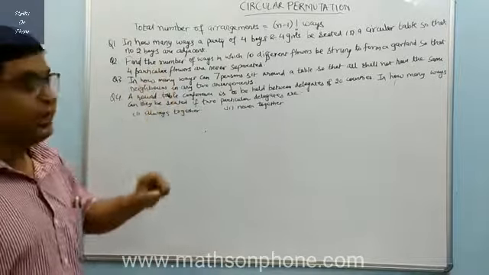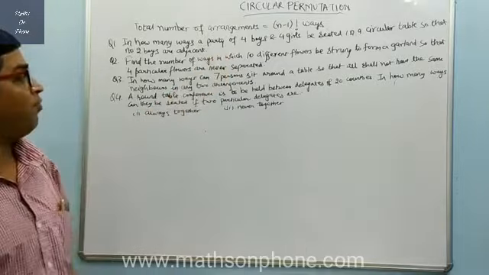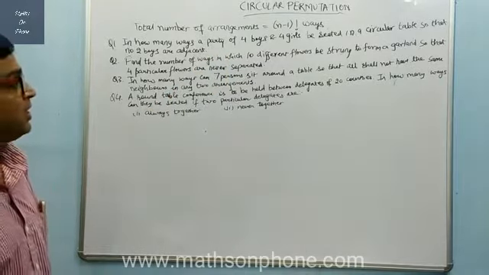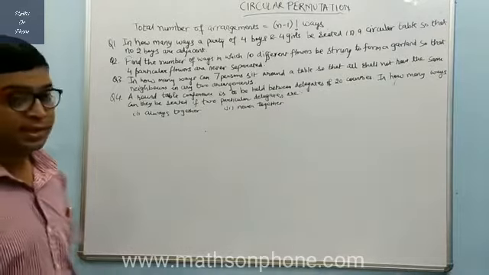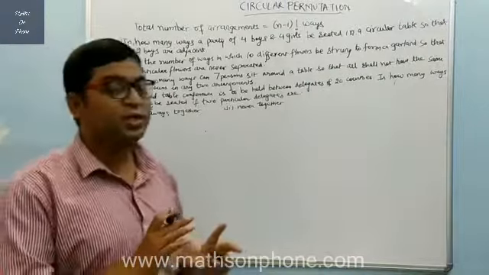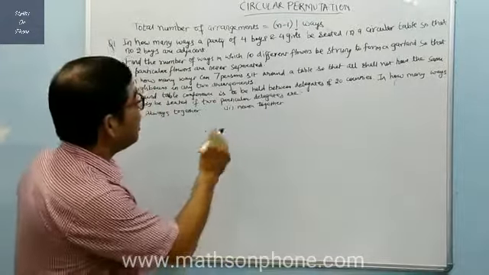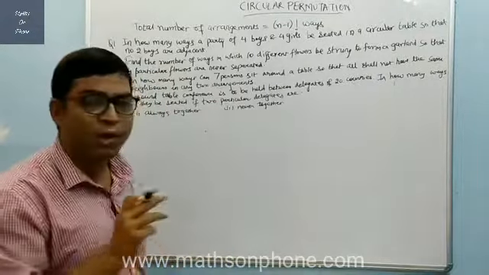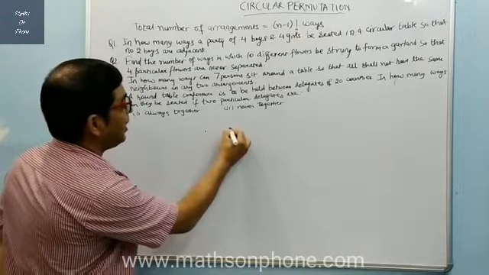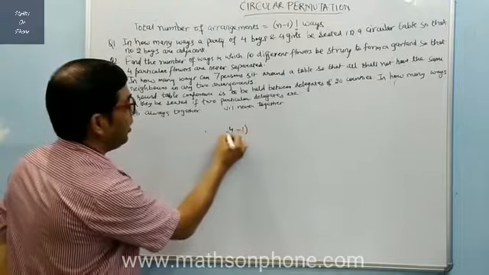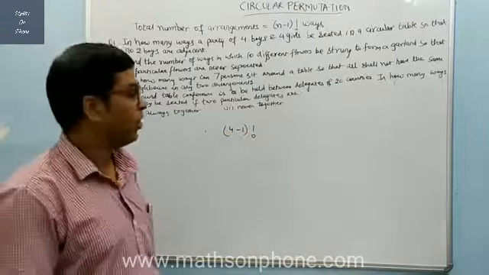See, first question, in how many ways a party of 4 boys and 4 girls be seated in a circular table so that no 2 boys are adjacent. See, there is no restriction about the girls. So girls in a circular table, 4 girls are there, so they can be seated in a circular table in 4 minus 1 factorial, that is 3 factorial.